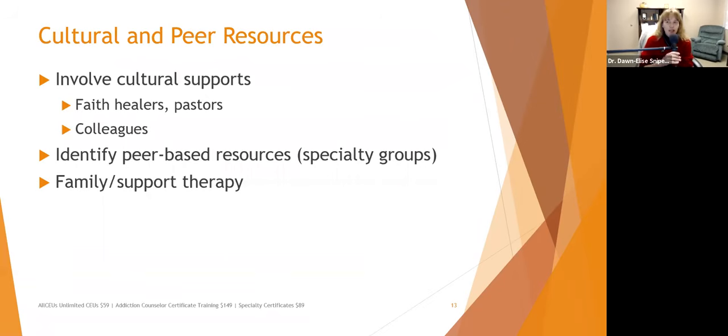Identify peer-based resources like specialty groups where people can go without fear of reprisal, and encourage family support and therapy, because somebody who has experienced trauma doesn't live in a bubble, and their trauma and the effects of that trauma affect their significant others and their significant others, which is why we have intergenerational trauma. We want to make sure that we're bringing in everybody who has been touched by that trauma in some way so we can break the trauma cycle.